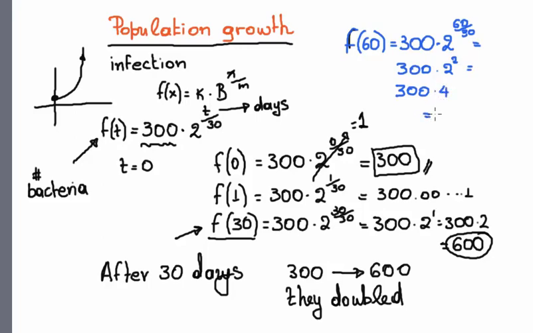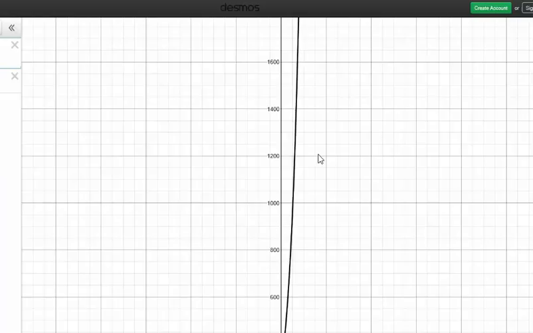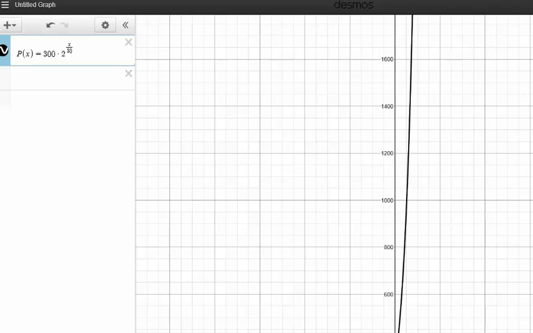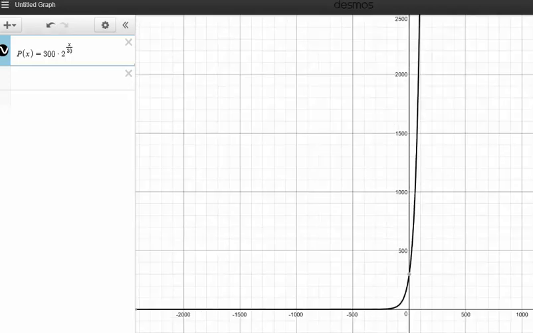That is equal to 1,200 counts of bacteria. So what we can see, either algebraically or in our function, is that we can use exponential functions right here in order to calculate and to review the population growth of organisms.